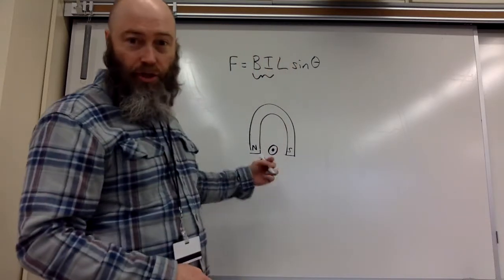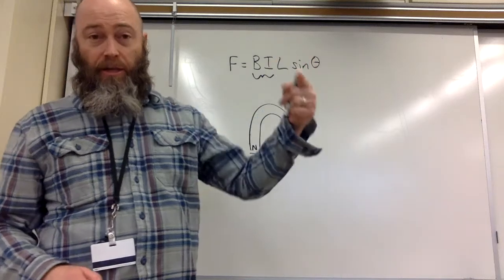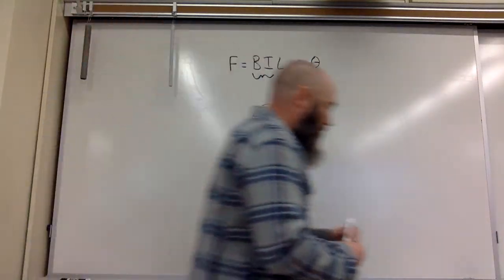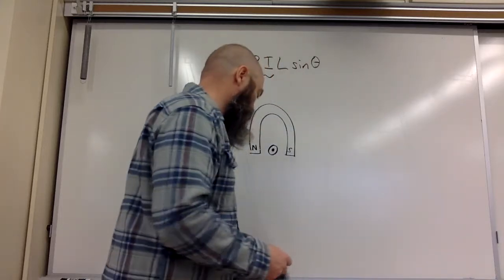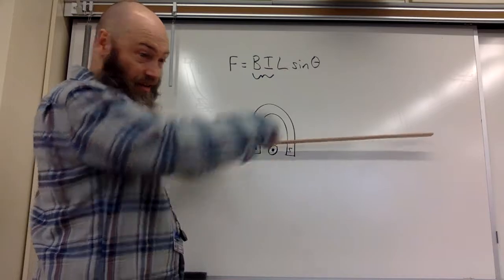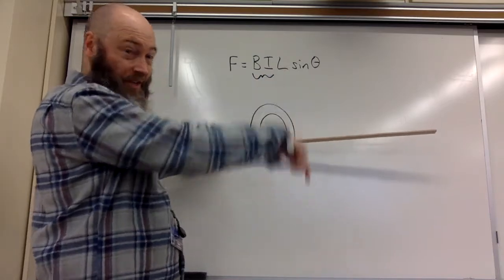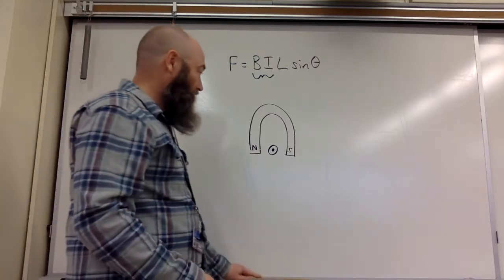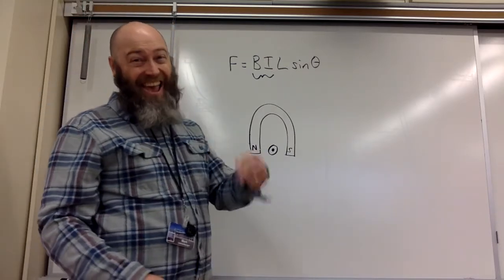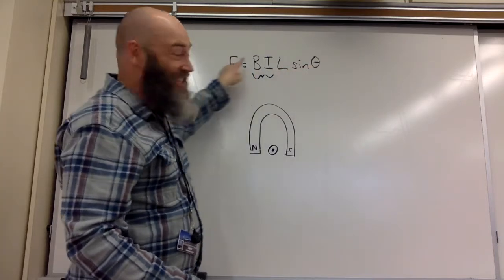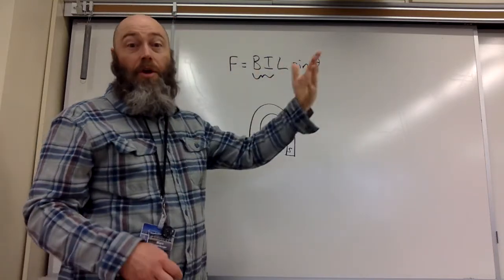That's a dot to show that the current's coming out of the page. But I didn't show you this in the last video, and I apologize. If I had the current going that way, like I move my horseshoe magnet so it's on top of the wire, I wouldn't get anything because the angle between I and B would be 0. Sine of 0 is 0, so you'd get no force.